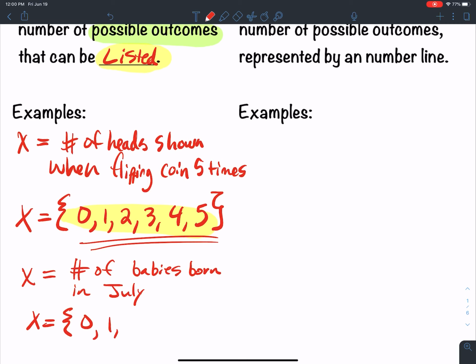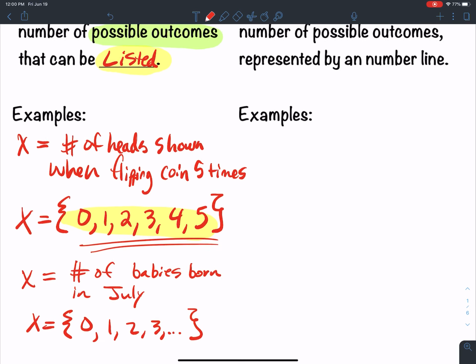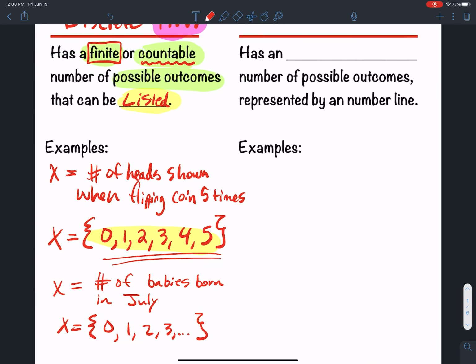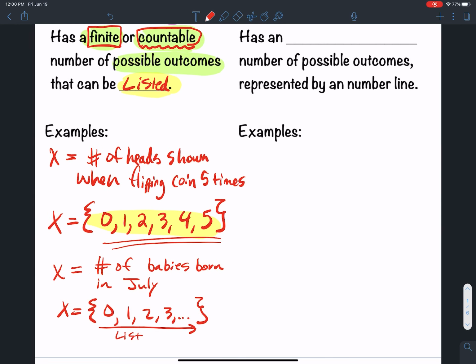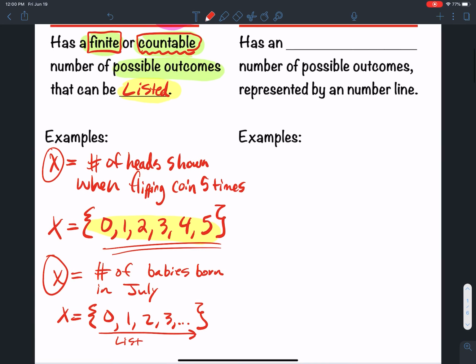Then you could have 1 baby, 2 babies, 3 babies. Man, that thing just keeps on going forever and ever, right? Theoretically, okay? So that number can get infinitely high. So this is an idea of something that is countable, right? I can put it in a list, but there's infinitely many. Okay, that's the idea there. So those are two examples of discrete random variables.